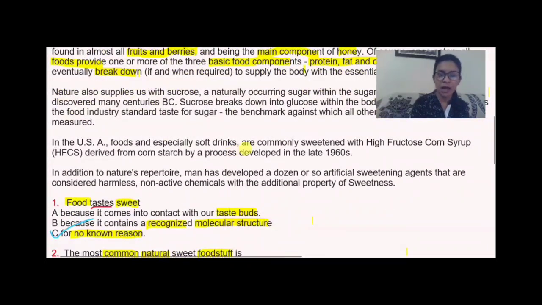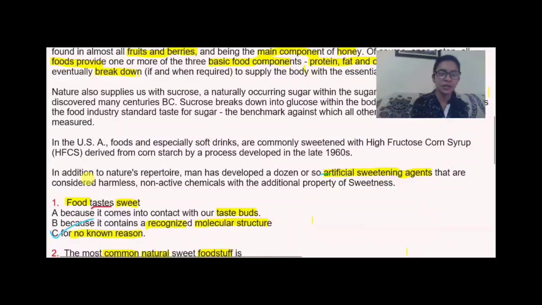They are talking about artificial sweeteners. Where are the artificial sweeteners? Find it. These are the keywords: artificial sweetening agents. In the USA, food, especially soft drinks, are commonly sweetened with high fructose corn syrup derived from corn starch by a process developed in the late 1960s.